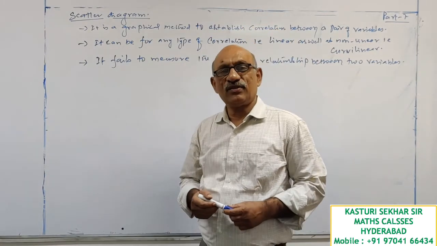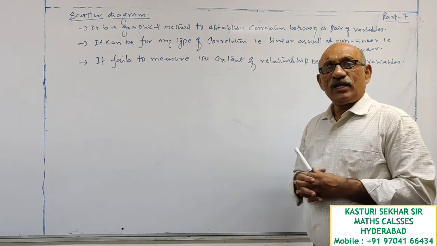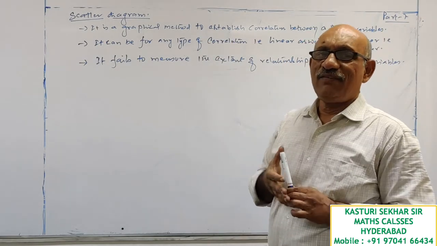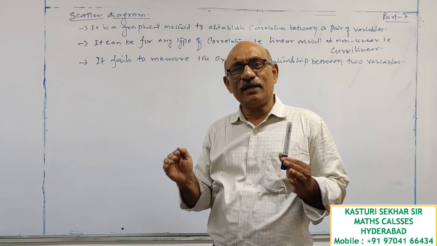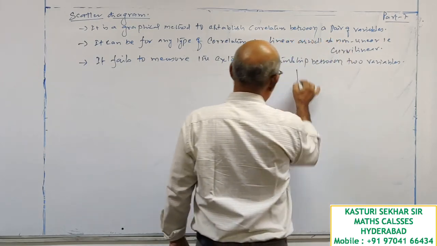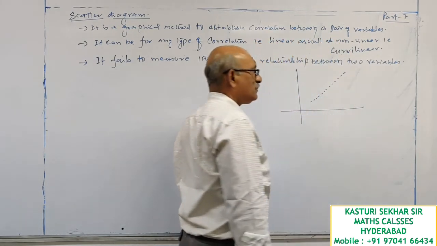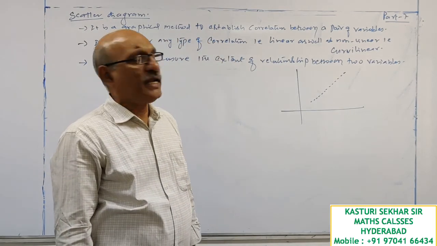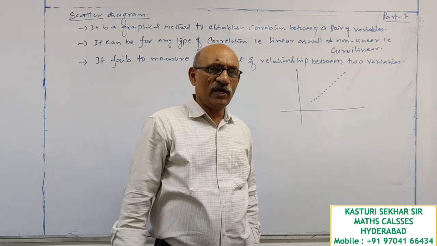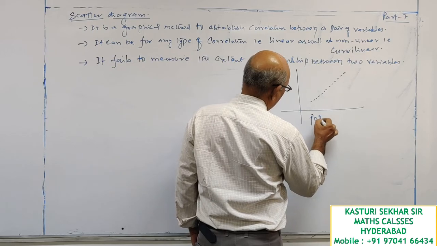Other points I already discussed at the time of teaching Karl Pearson coefficient. Let us see those points once again. When I represent the points on a graph, they will reveal a particular pattern or a trend. If the points plotted on a graph are rising from left bottom to right top, it is a positive correlation.